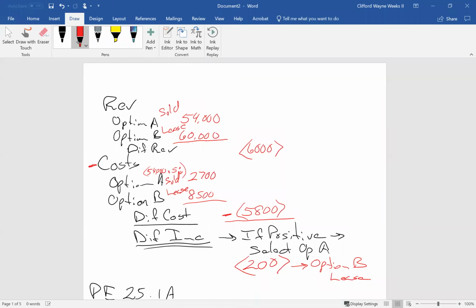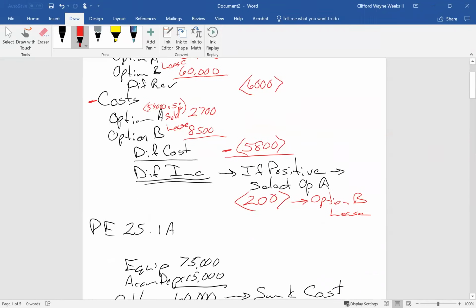But the point I was trying to make here is that a lot of these things, if you understand the terminology, you don't actually need to fill out this differential analysis format. Using some common sense and understanding of the definitions, and using some of the rules, you can actually figure this out without doing a table.